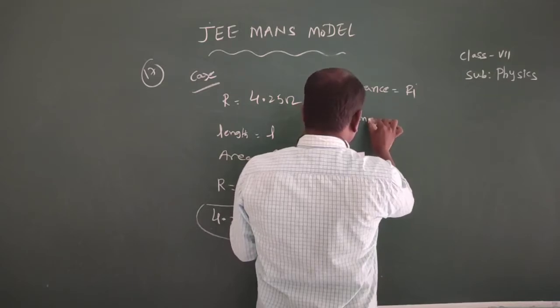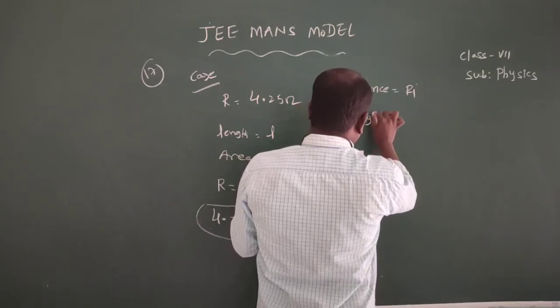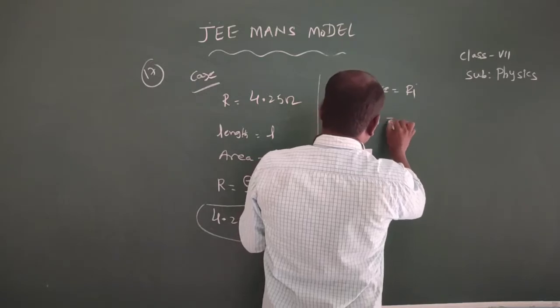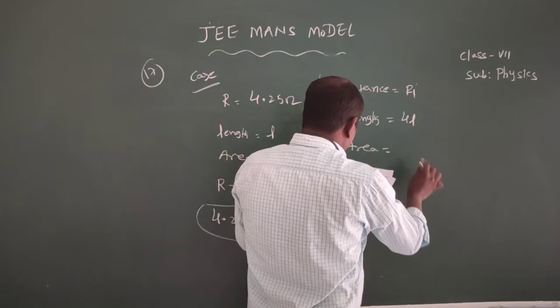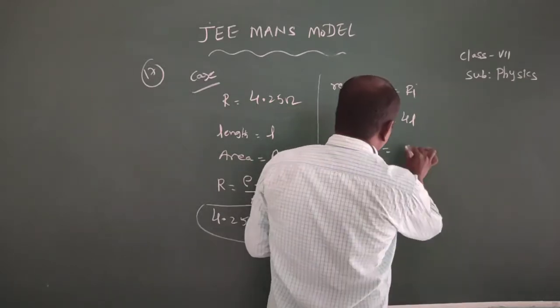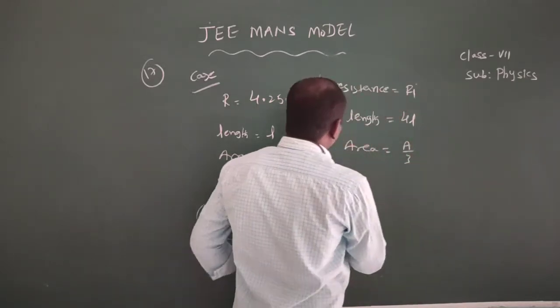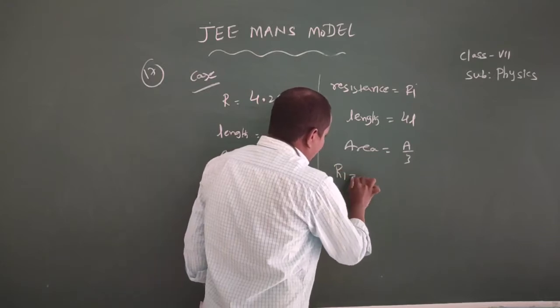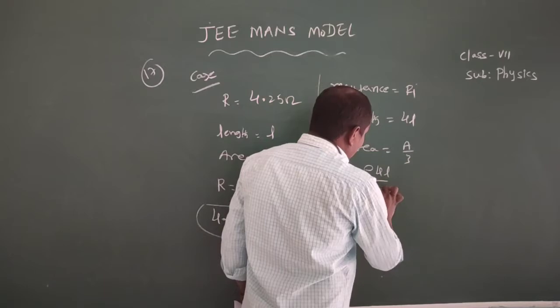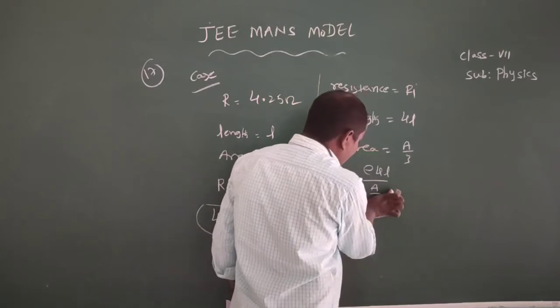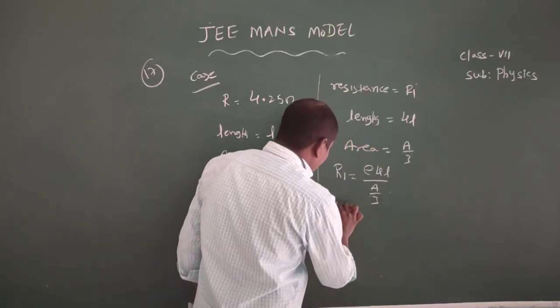Increased by 4 times, that equals 4L, and the area is decreased by 3 times, that equals A by 3. So here R1 equal to rho into 4L by A by 3.